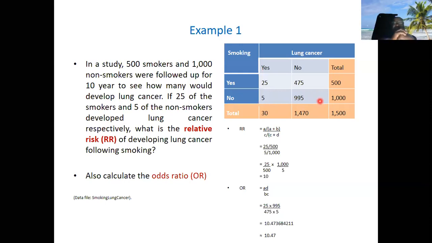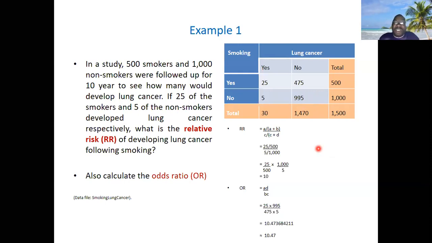995 did not develop lung cancer. So now, if you want to look at it, very simple. The relative risk, you know that you are comparing risk among the people that are exposed to smoking. You want to divide it by the risk among the people that are not exposed.